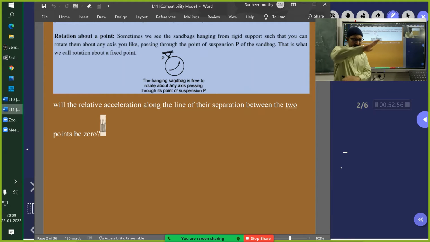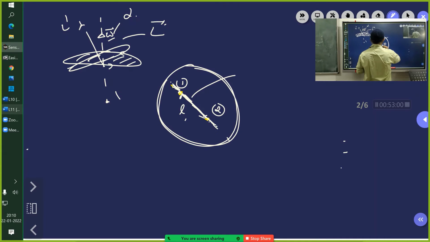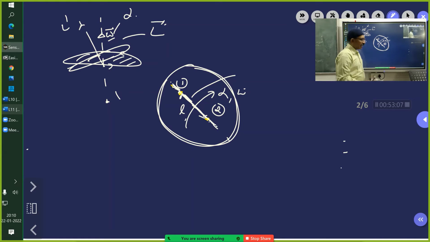Simple. When this line is rotating with alpha or omega, there will always be centripetal acceleration along the line, because any two points will be rotating with respect to each other.